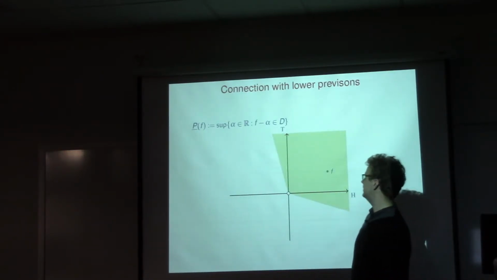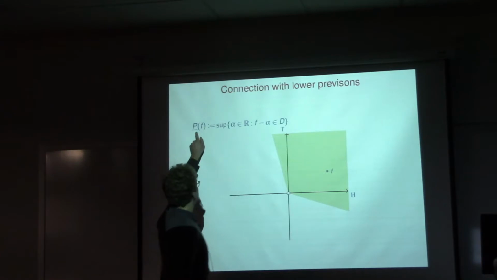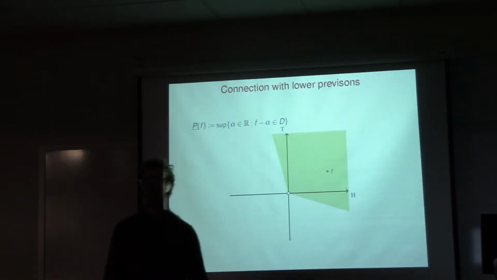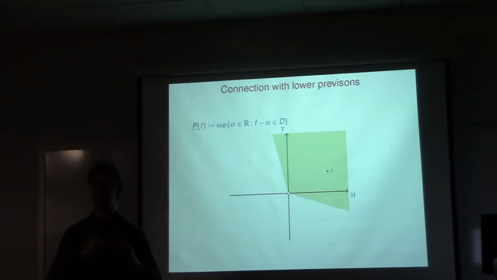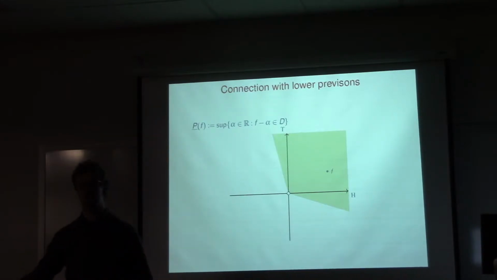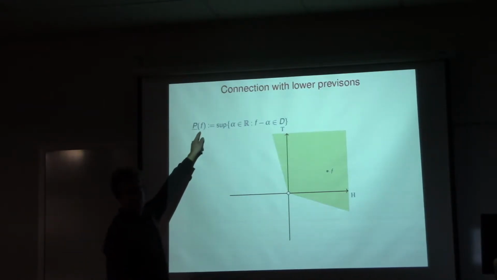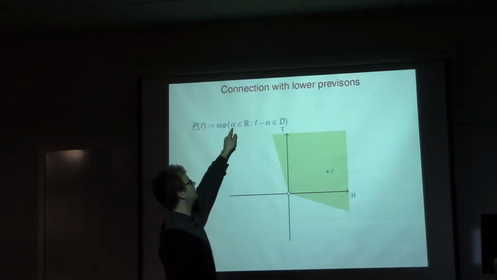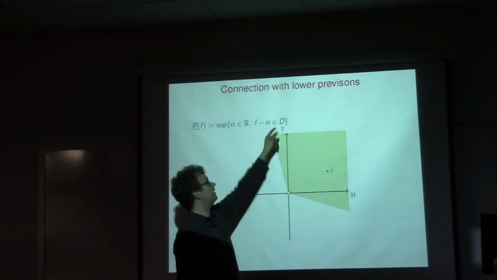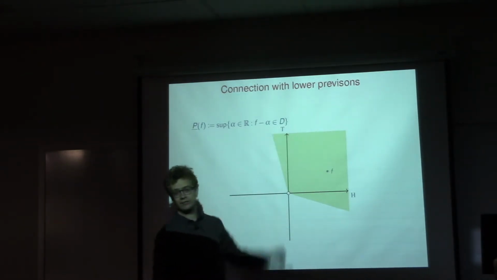What is a lower prevision? Well, a lower prevision is a functional on the set of gambles. It takes as input a gamble, and the output is a real number, just as an expectation operator. The lower prevision of a gamble f is the supremum of all real alphas for which f minus alpha is desirable. Now, what is f minus alpha?